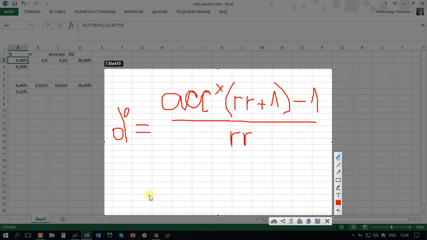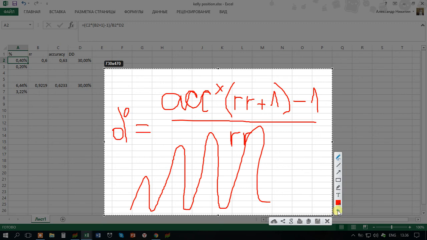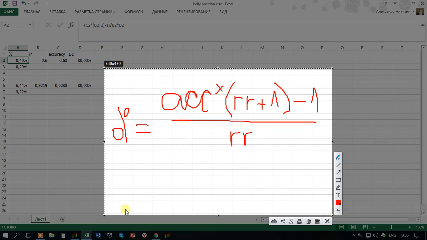You will never lose money, but your drawdowns will be almost 100%. They may come very, very close to 0, but you will still be generating money. You see that? So if you don't want drawdowns like this, you should divide this into, let's say, half. You want this to be not more than half of that. Agree?